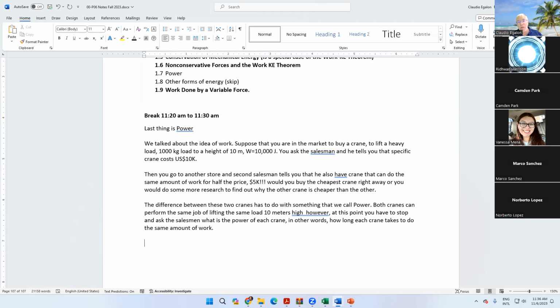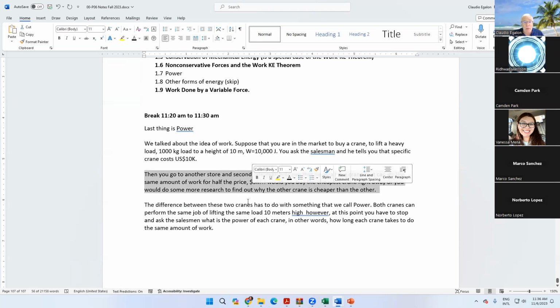Maybe the second crane is cheaper because it raises the same amount of load in twice the time as the other one, at a much slower pace, or maybe even 3 times as much time. If the first crane takes like 5 minutes to raise a 1,000 kilogram load to 10 meters, maybe the second crane takes 15 minutes.